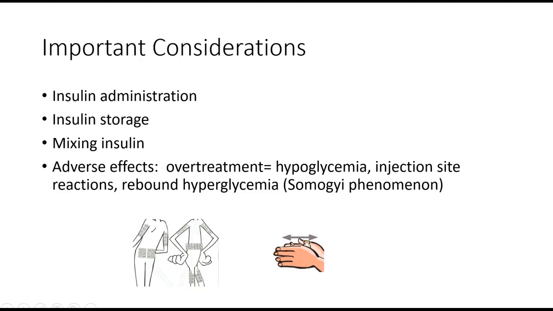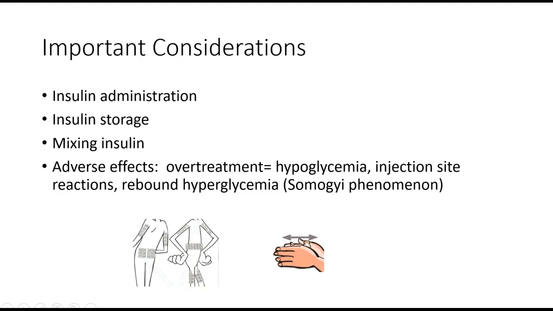Insulin can be stored at room temperature or in the refrigerator. You want to avoid extremes of temperatures. You don't want freezing, or you don't want extreme heat or direct sunlight. Check expiration dates. Make sure the expiration dates are valid and you're not using beyond the expiration dates. Insulin is good for about 28 to 30 days, so roughly a month.